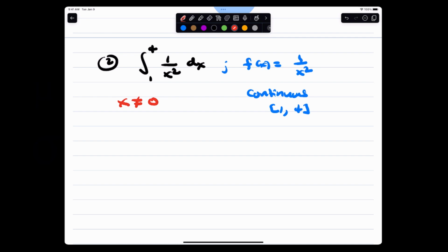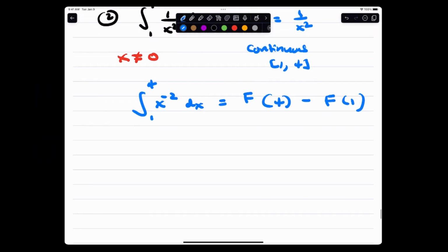Okay. So now, again, this is x to the minus 2. All right, you guys okay with that? And then that's going to be the antiderivative. If you want, I'll just change notations. You say, Mr. Judge, isn't that big F of 4 minus big F of 1 by the fundamental theorem of calculus part 2? And the answer is yes.